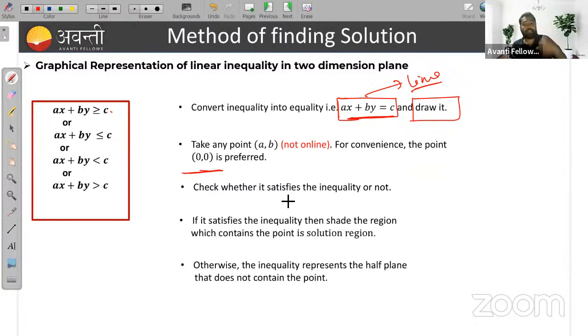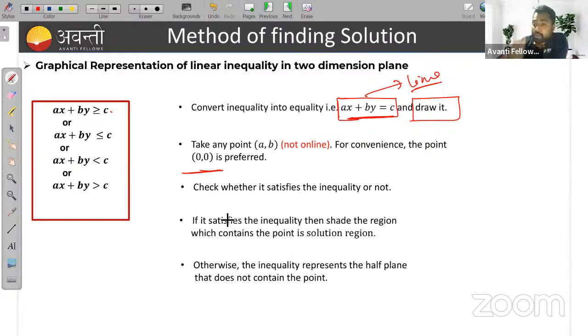If 0, 0 is satisfying your inequality, then shade the region which contains the point in the solution region. If it is satisfying, then you have to shade the region where the origin is present.